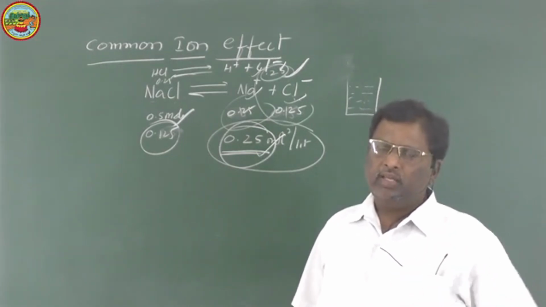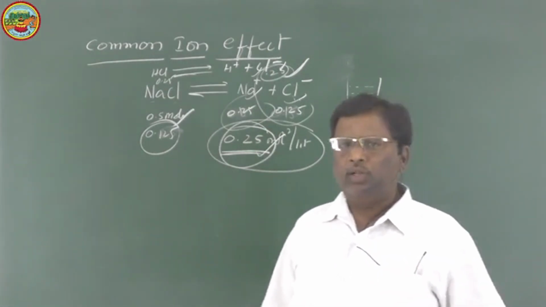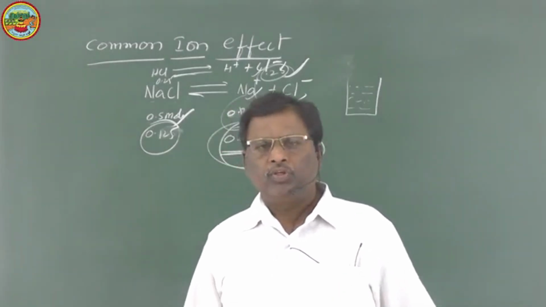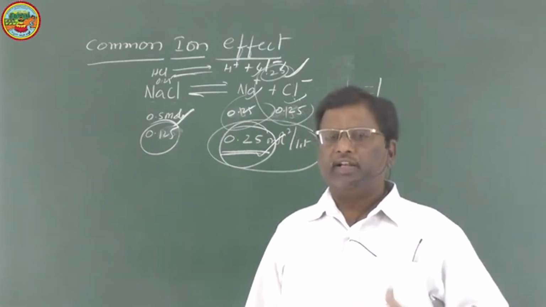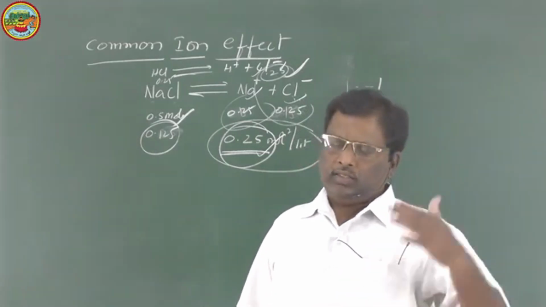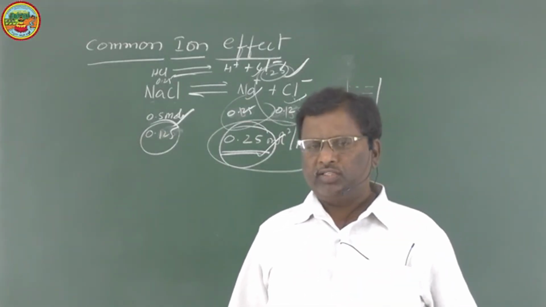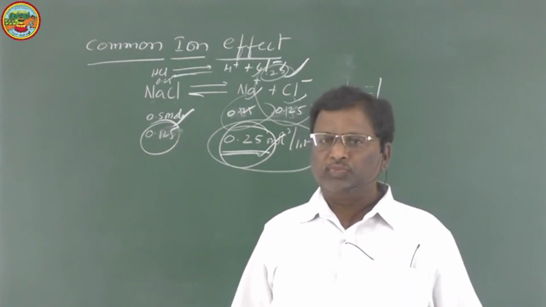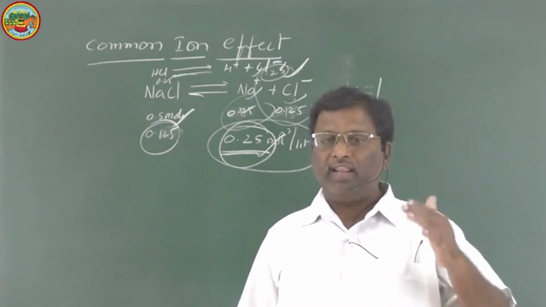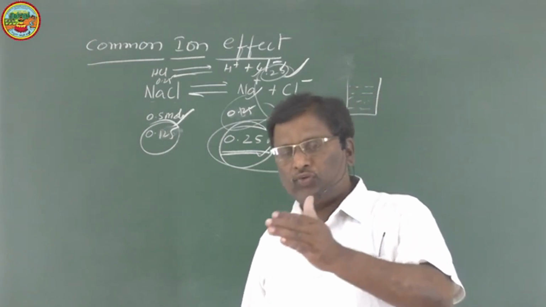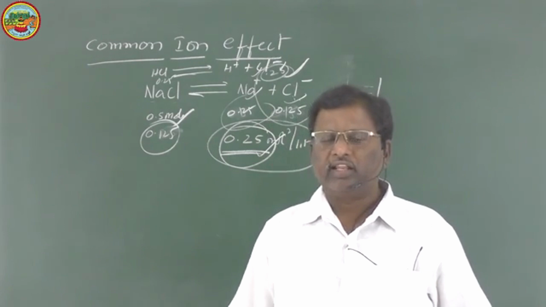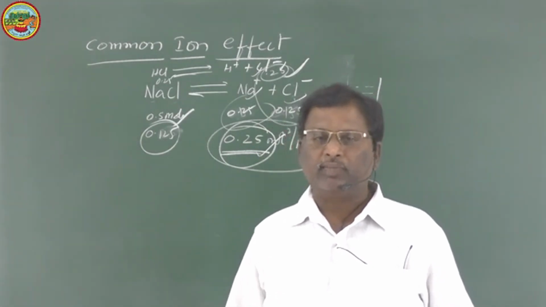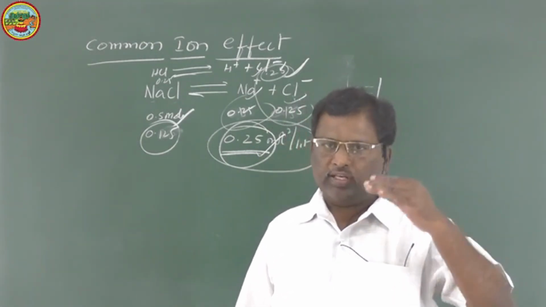Based on that, the cation group separation table was prepared so that the required cations only precipitate out according to the scheme. In the third group, we add NH4Cl salt and NH4OH solution. In practicals at senior inter level, you are going to do this. We have groups of cations.